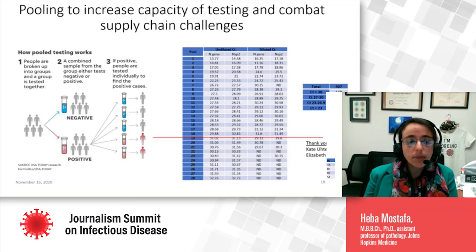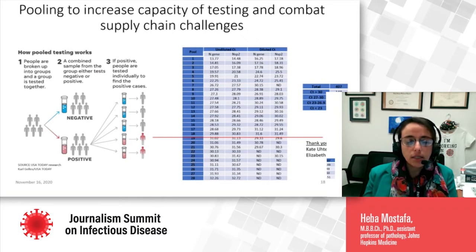Simply, if you have a group of specimens you would like to test, you make a pool of, for example, 5, or whatever number based on the prevalence of the disease in your area. Then you test those pools. If the pool is negative, that is it. You can release the whole pool as negative. But if you have a positive pool, you have to break the pool apart into its individual specimens in order to find which specimen is positive.